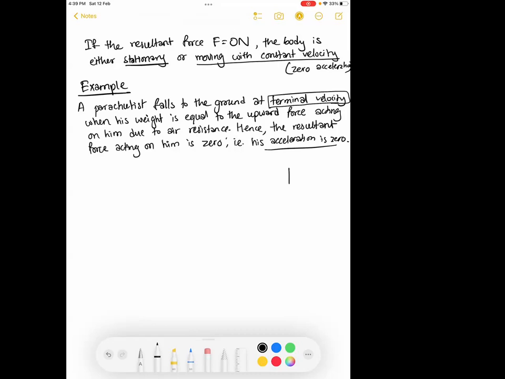So let's say that's him, and that's the air resistance. When these two are equal, the resultant force is 0.